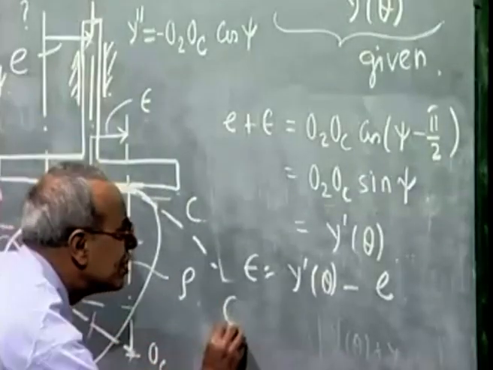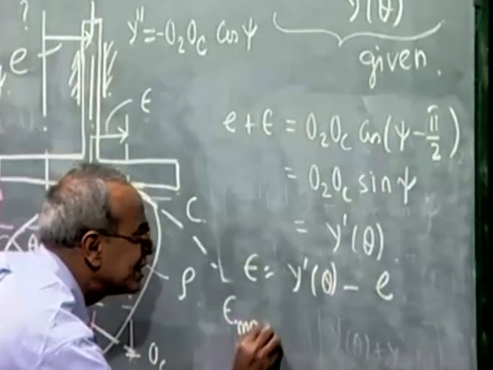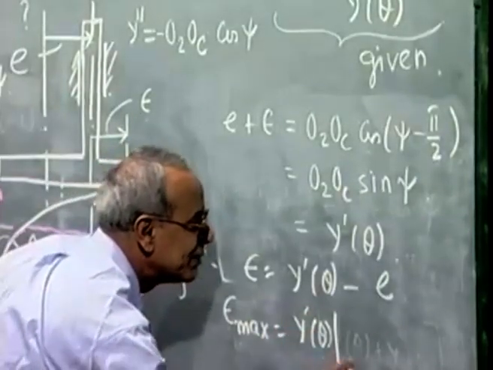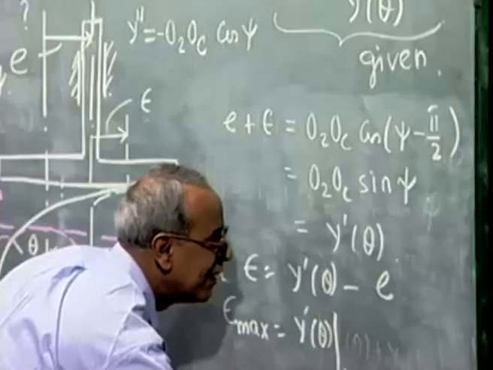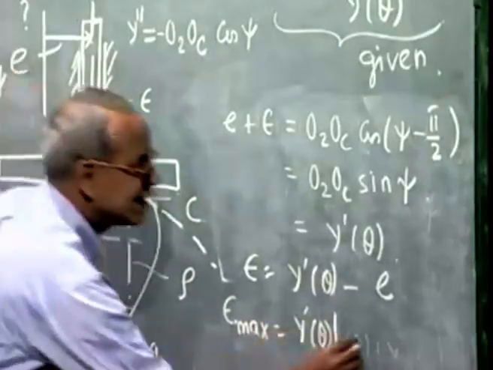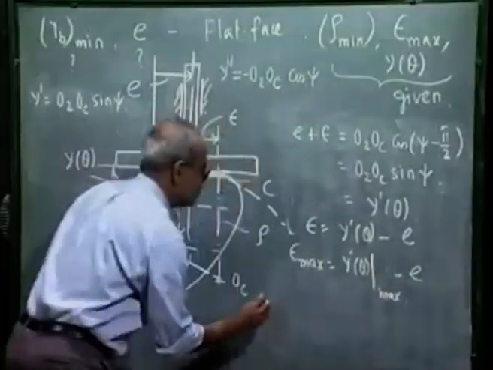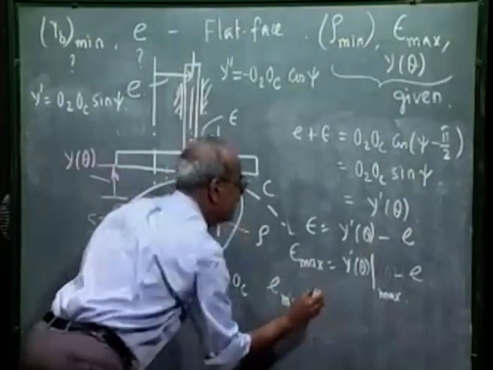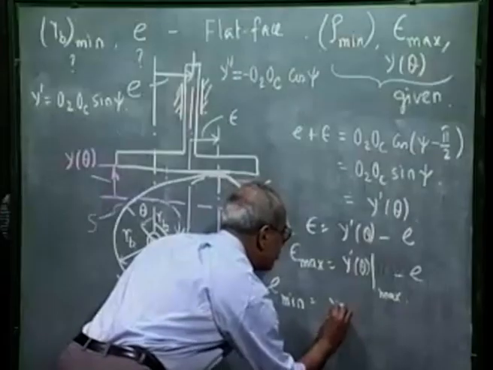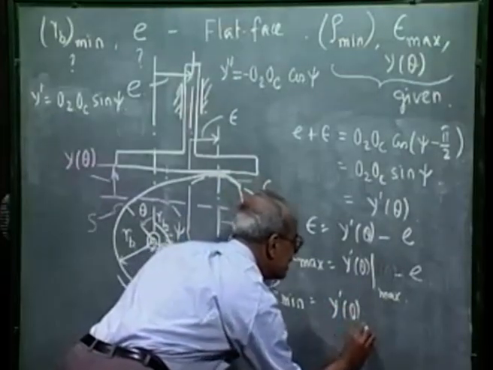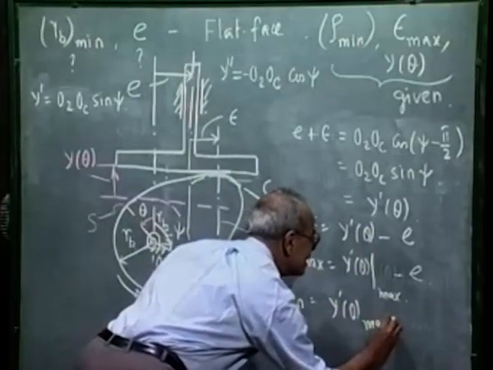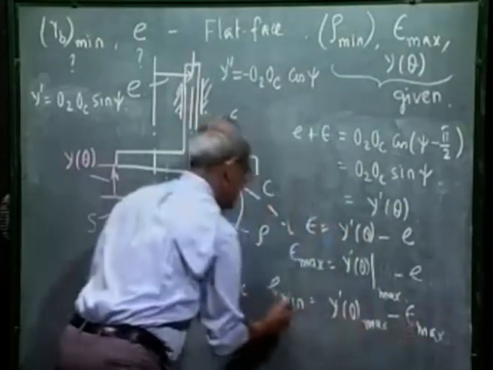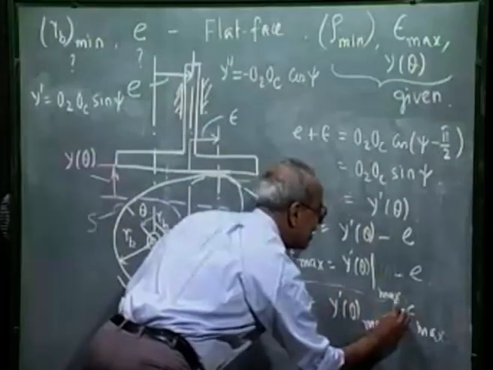Now, maximum value of this takes place when y prime theta is maximum minus E. So the minimum value of the offset is y prime theta max minus epsilon max.